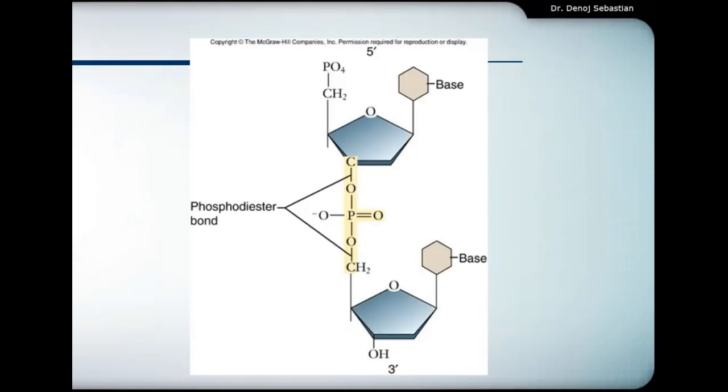Now we come to the phosphodiester bond, which is actually connecting 2 nucleotides. And you know that this is a phosphodiester bond. It connects the 3' OH group of the deoxyribose sugar and the phosphate group of the next incoming nucleotide.